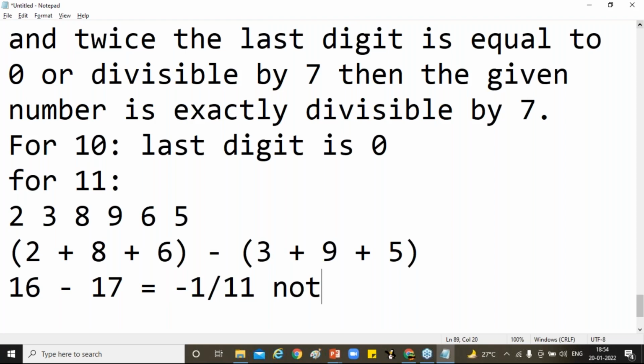So these are the different divisibility conditions. Hope all of you understood.